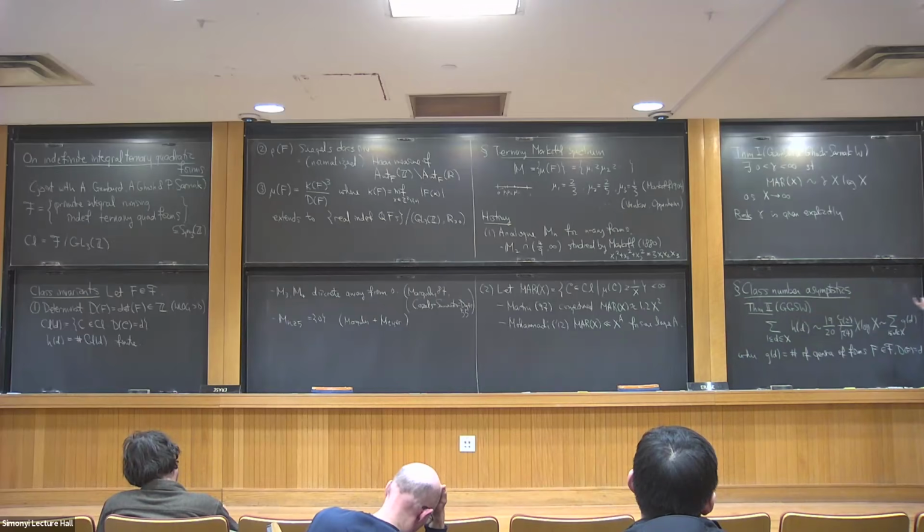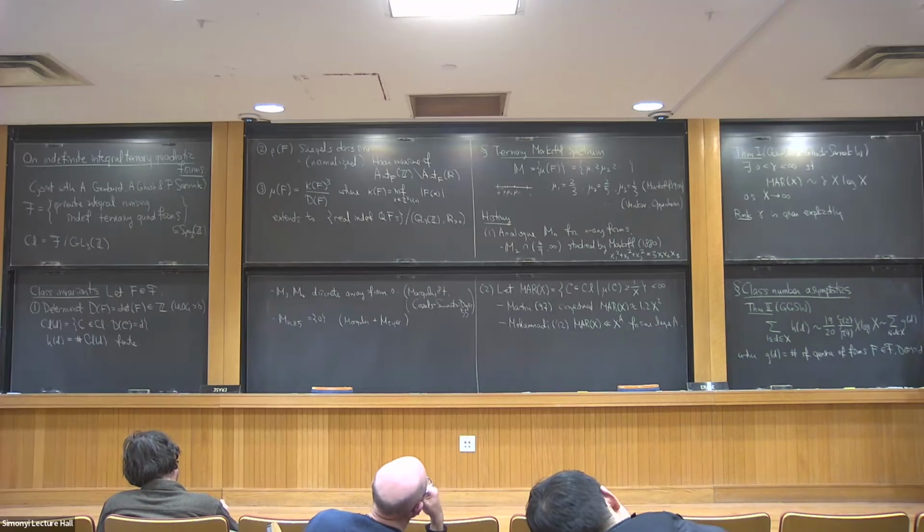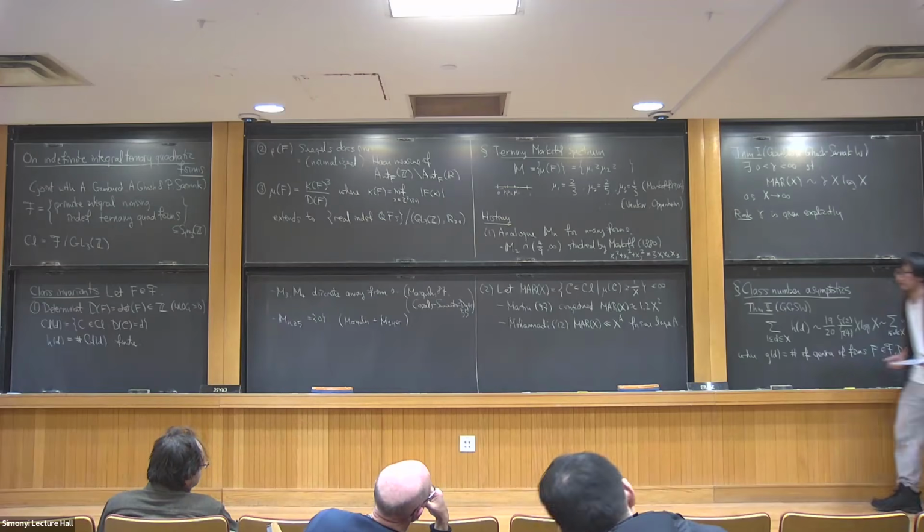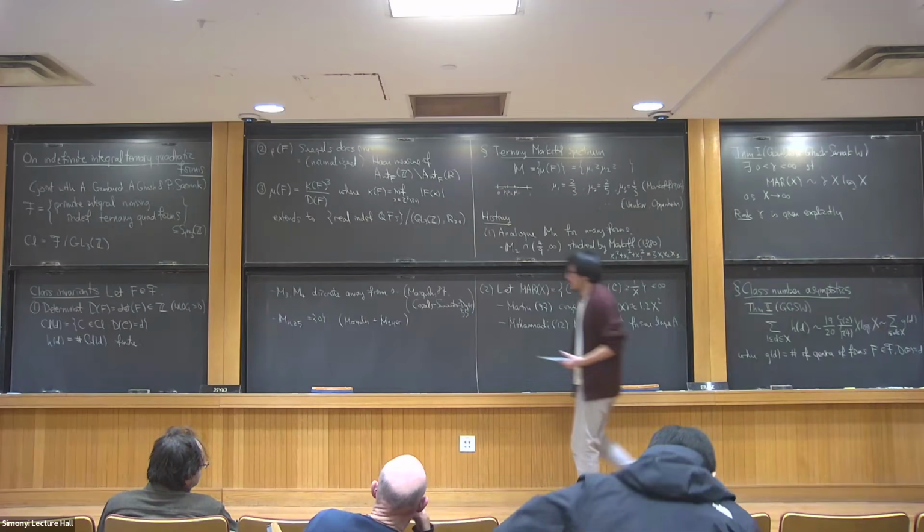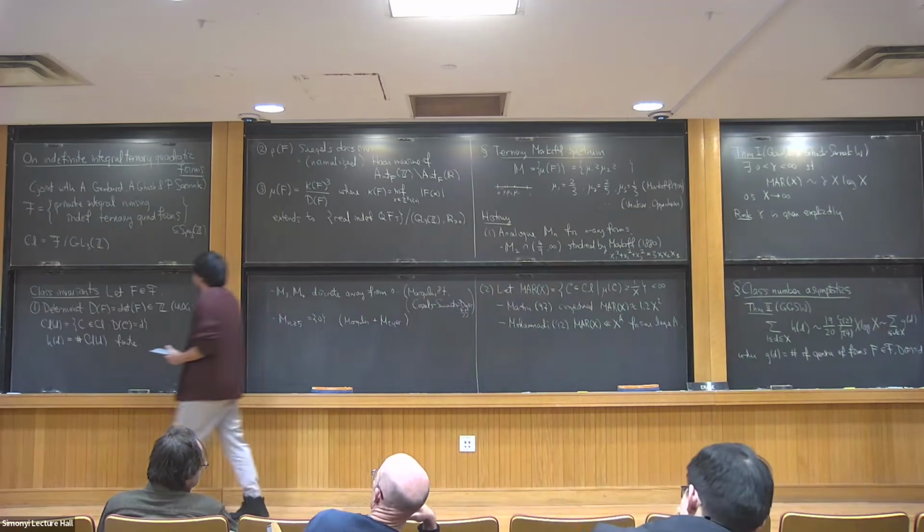So this already tells you that in the case of indefinite ternary quadratic forms, you would expect each genus, which is defined by local conditions on the equivalence, to have only one equivalence class.